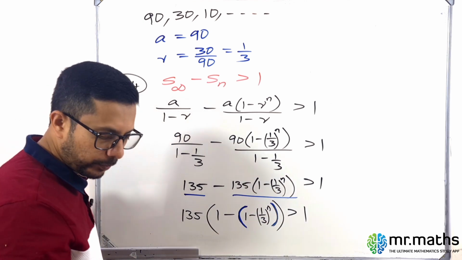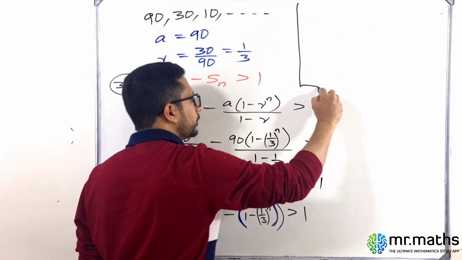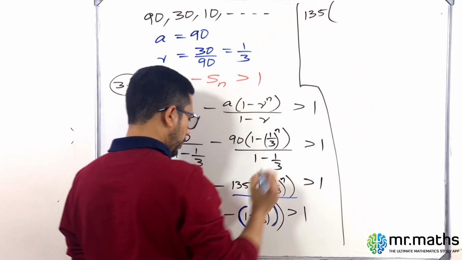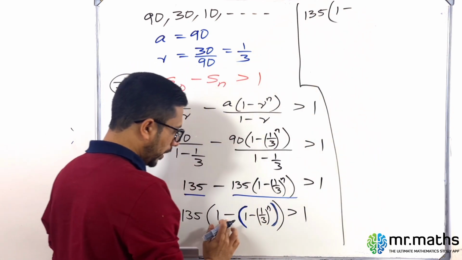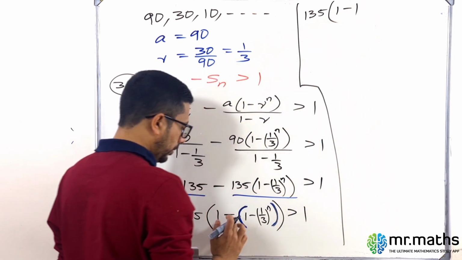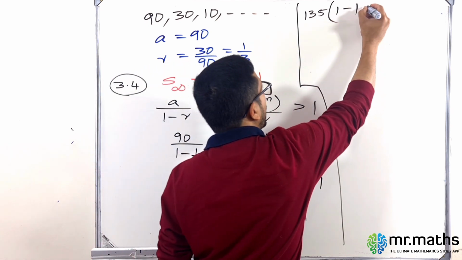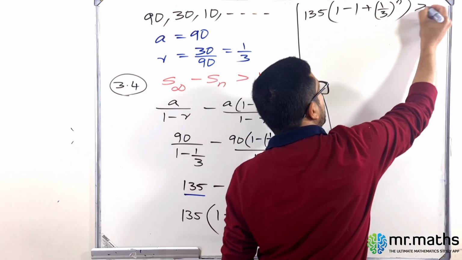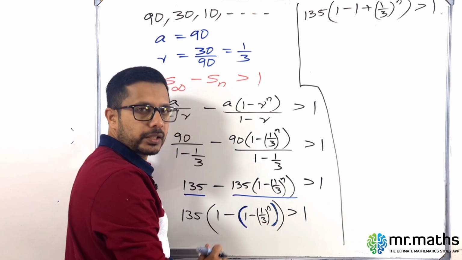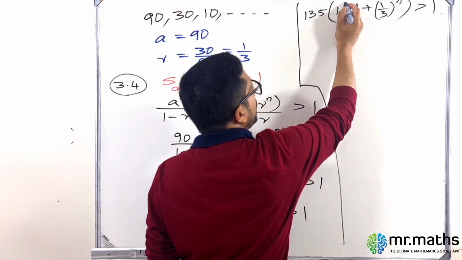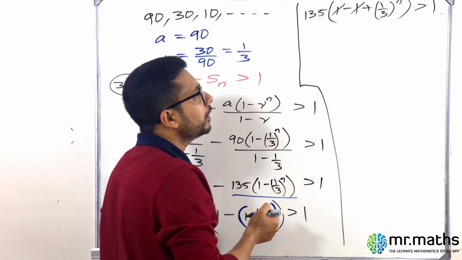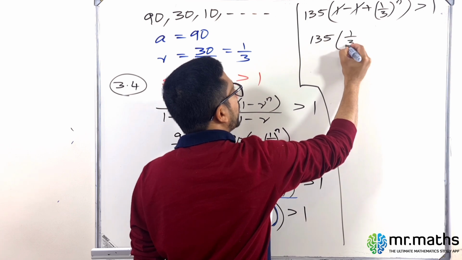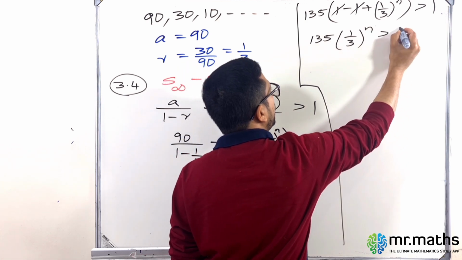So I am going to expand that bracket. 135 into 1, minus 1, and minus into minus 1 over 3 raised to n is plus 1 over 3 raised to n, that is greater than 1. That means I expanded this bracket. Now inside this bracket, this positive 1 and negative 1 we can cancel. So what is remaining is 135 into 1 over 3 raised to n is greater than 1.